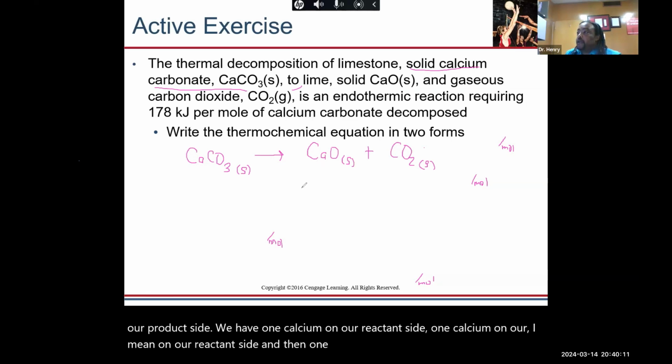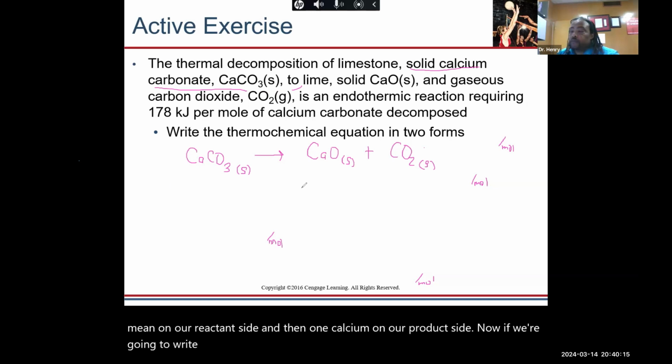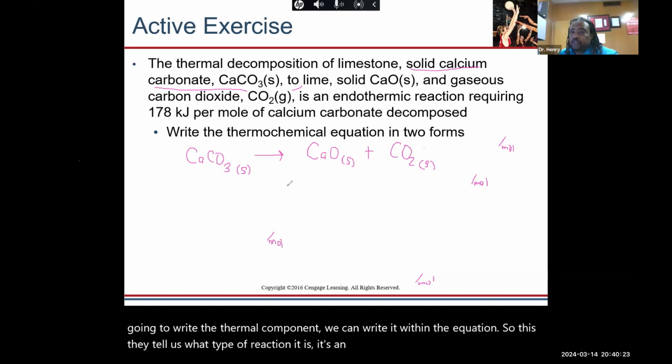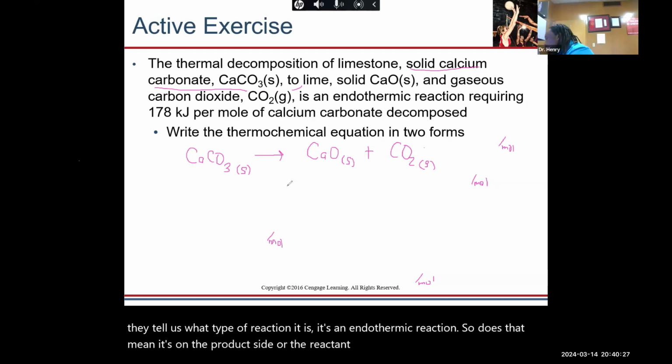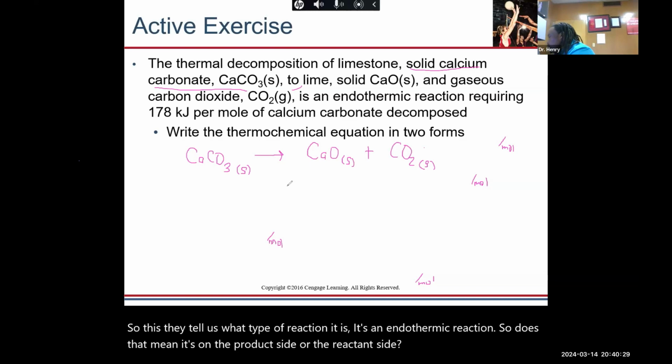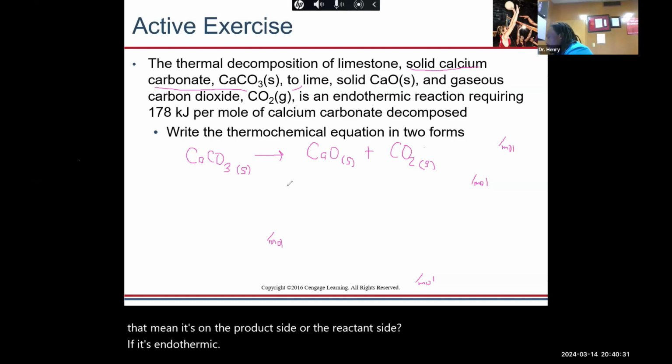Now, if we're going to write the thermal component, we can write it within the equation. They tell us what type of reaction it is. It's an endothermic reaction. So does that mean it's on the product side or the reactant side?